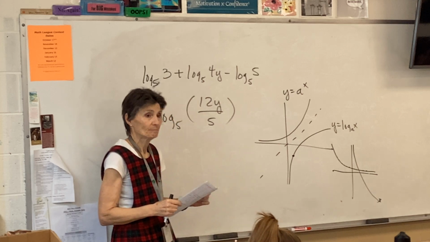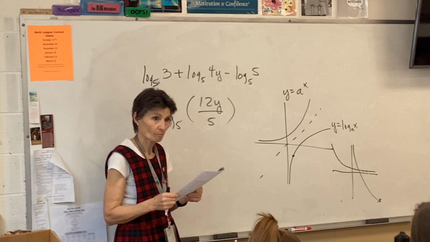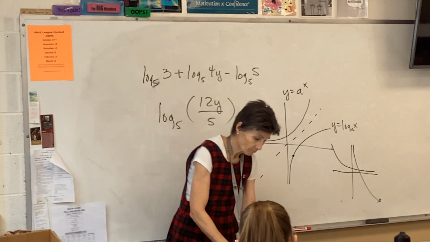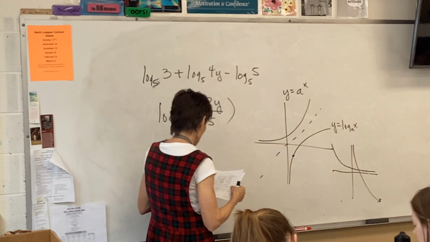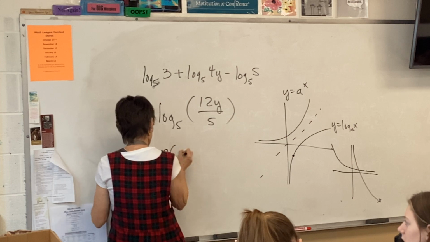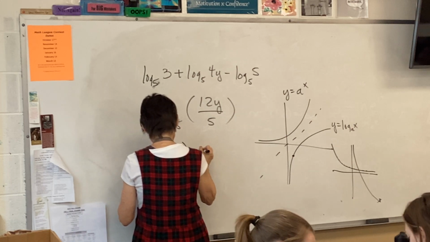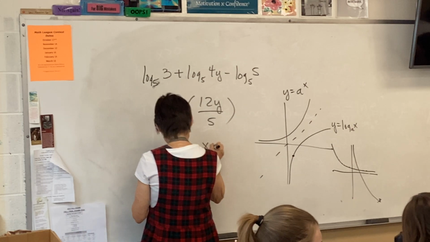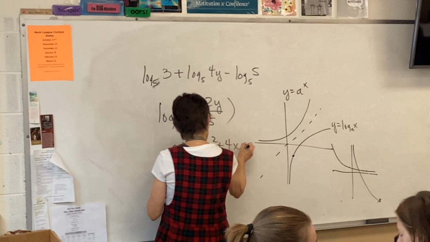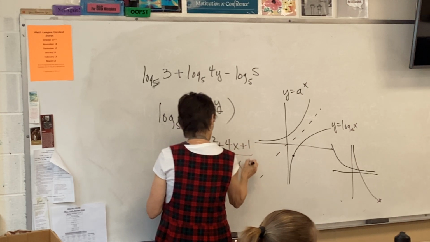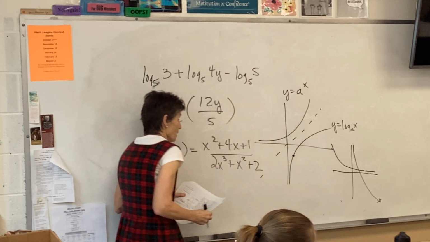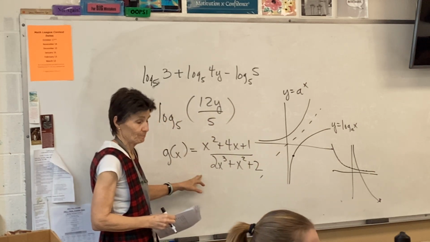Okay, who else? 1.7 on the review sheet questions. 1.7, question 2, which is another end behavior. Now the powers don't match.